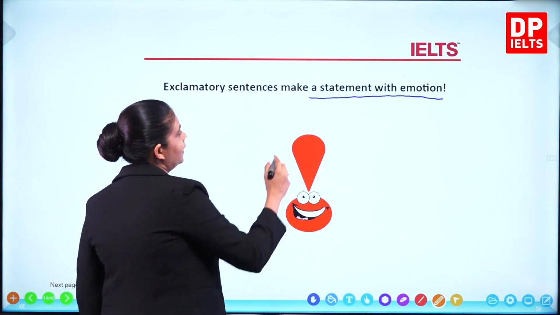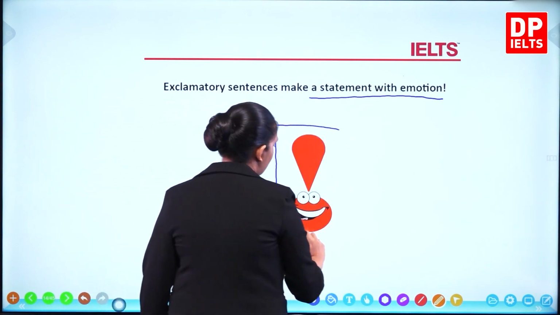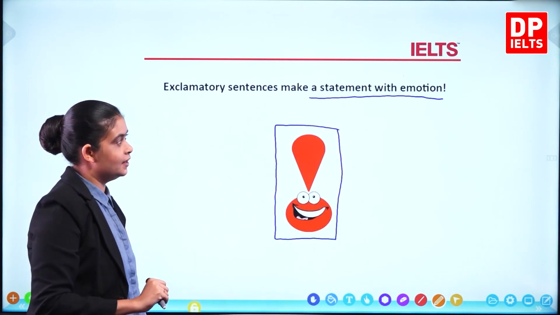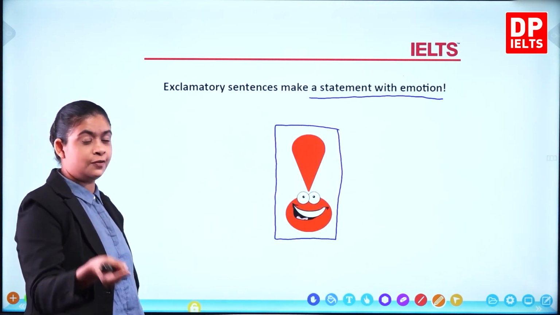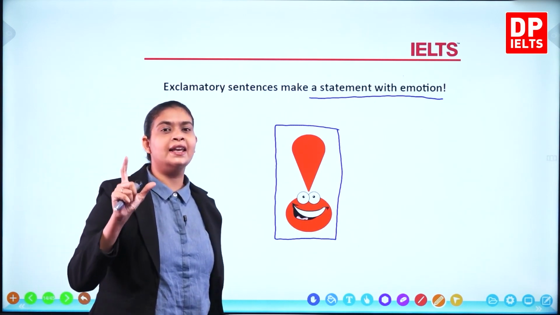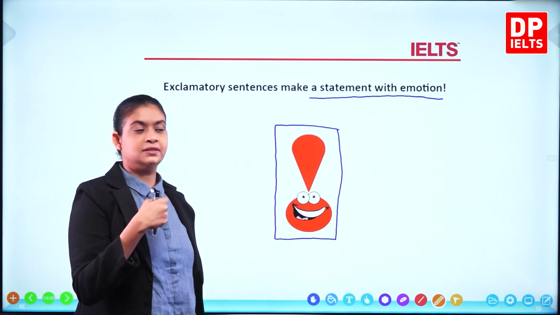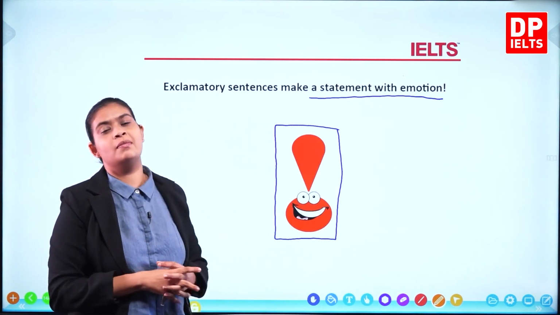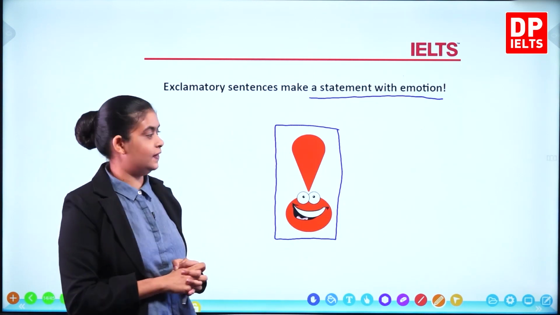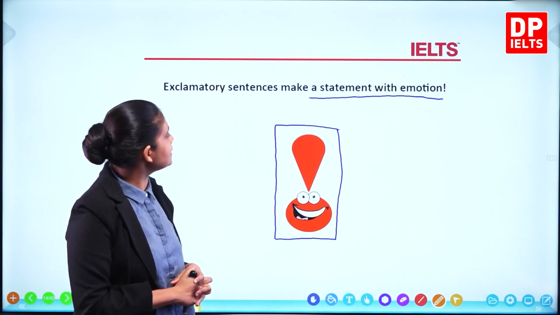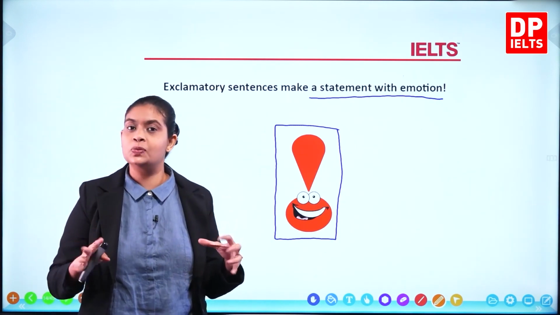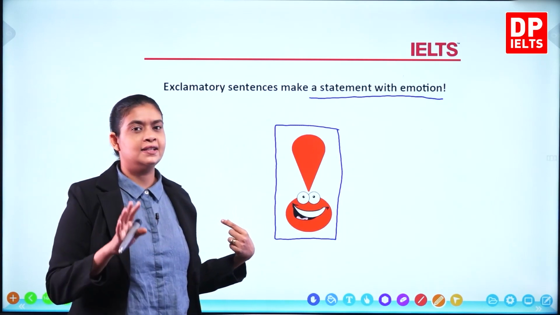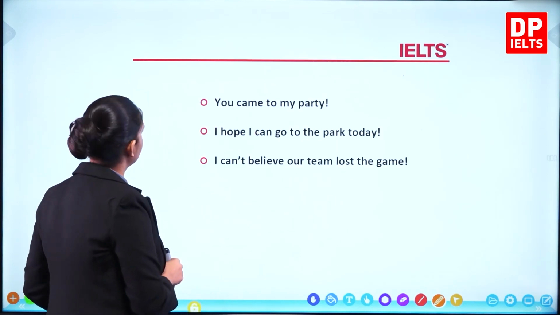So, my little friend here, the exclamation mark is at the end of the sentence. Because it is an emotion, if you remember, right, we did words like hi, ouch, remember? So similar, okay? If they are with emotions, then you have the exclamation mark at the end. So exclamatory sentences, they are statements with emotion and they have an exclamation mark at the end, right?